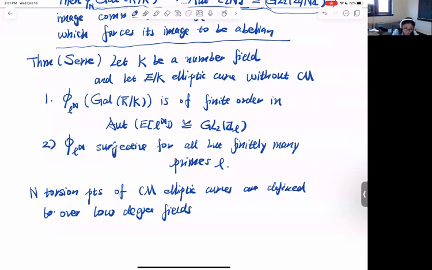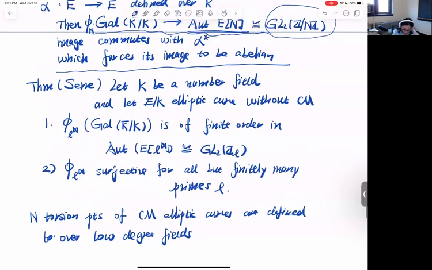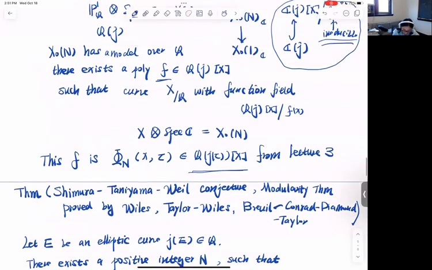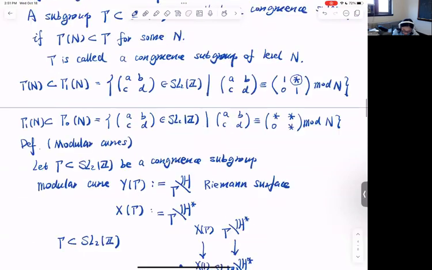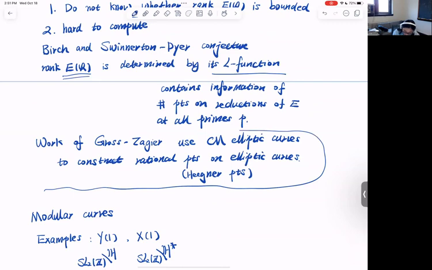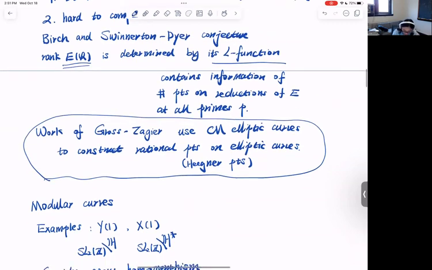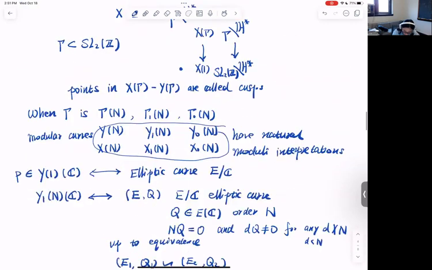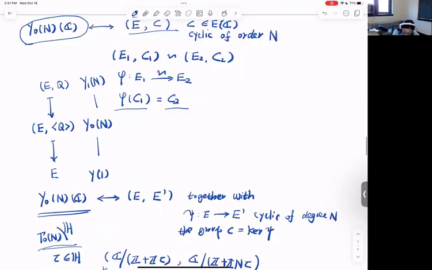Then I want to say, when we were talking about the beginning, I told you that the work of Gross-Zagier and Kolyvagin used CM points on modular curves to construct a rational point on the elliptic curve, called Heegner points, and it uses the modularity theorem.